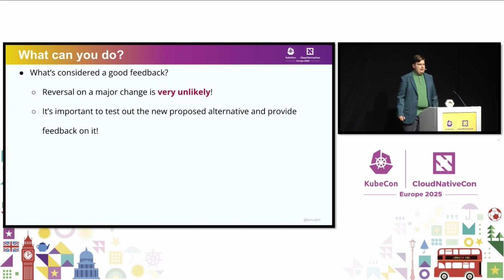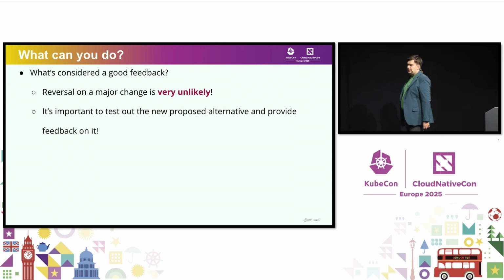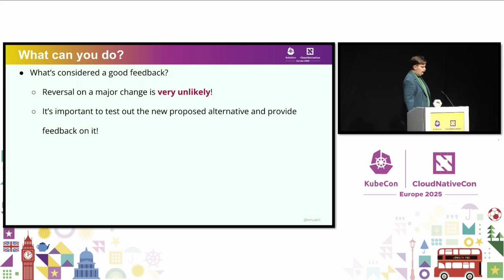Finally, what's considered good feedback? It's important to know that once something is about to be deprecated or removed, a reversal or major change is very unlikely. That's because we have to think of project healthiness and maintenance well-being.